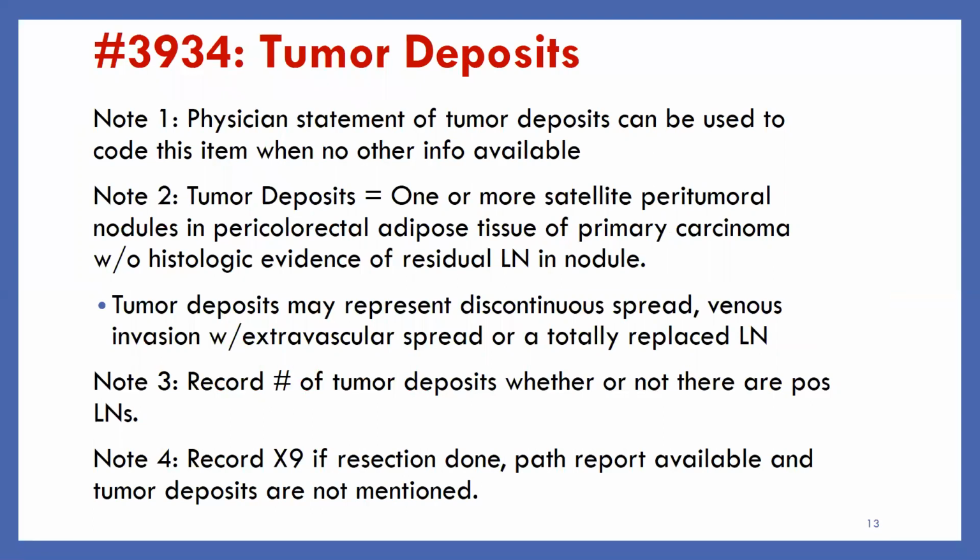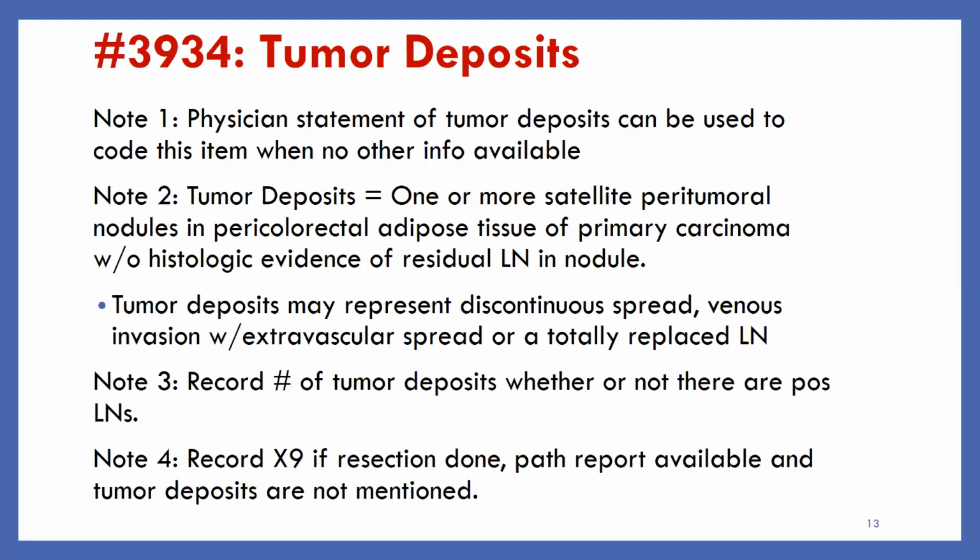Here are the notes for the tumor deposits. Basically, a tumor deposit is defined as a discrete nodule of cancer in pericolic or perirectal fat, or in adjacent mesentery like the rectal fat, within the lymph drainage area of a primary carcinoma.